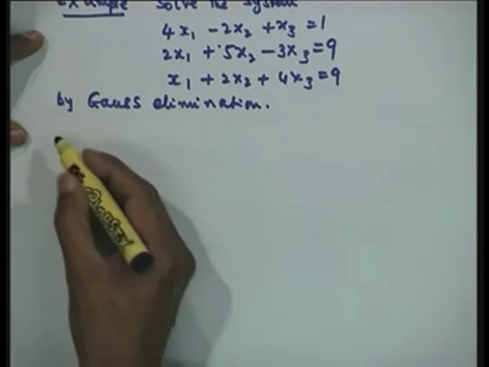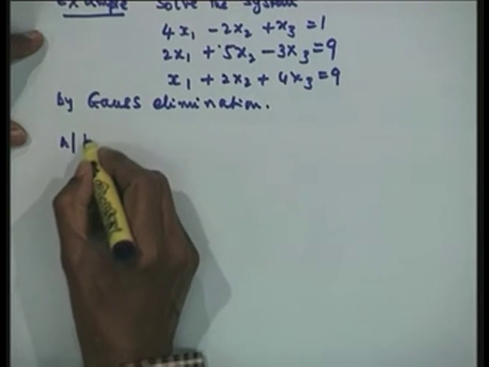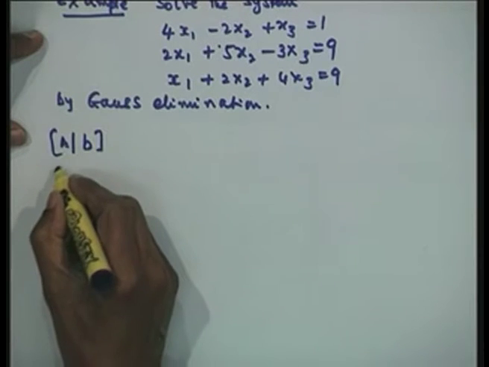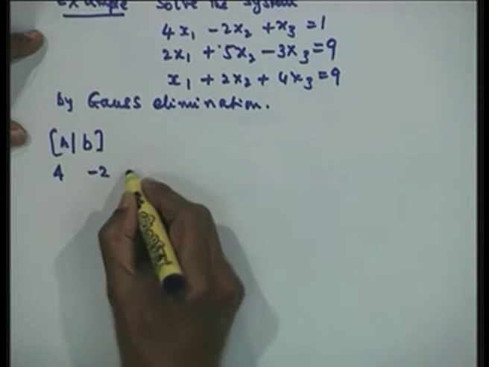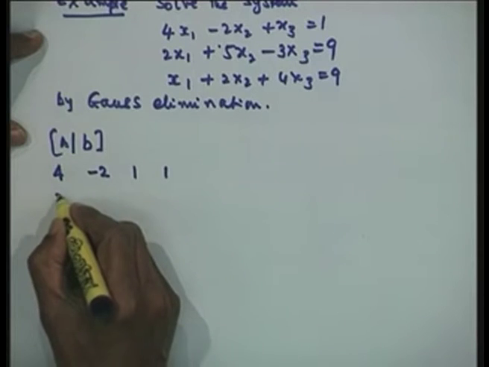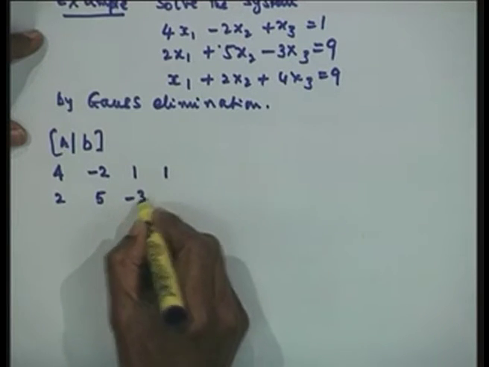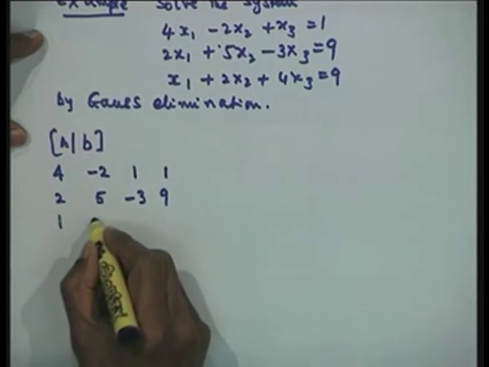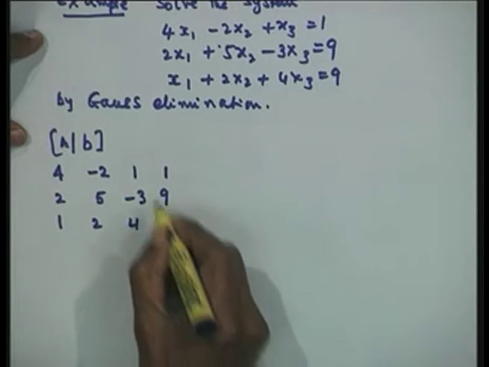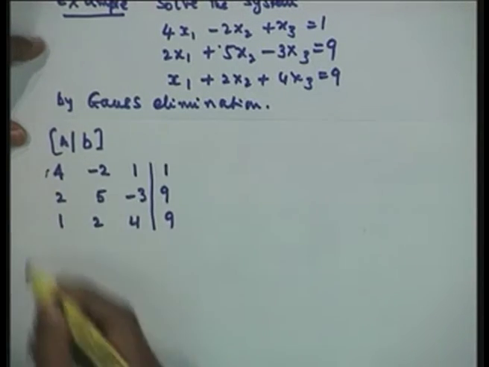Now, what I have to do is write down my augmented matrix [A|B]. So, I will write this: 4 minus 2 1 1, 2 5 minus 3 9, 1 2 4 9. I will put a line here.